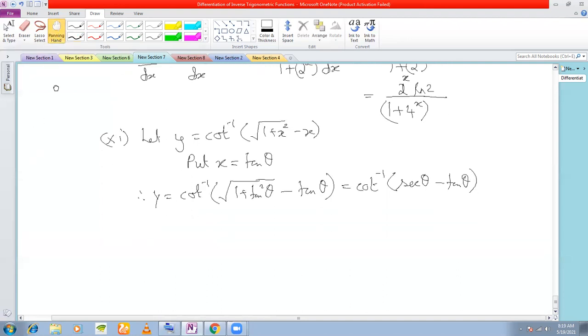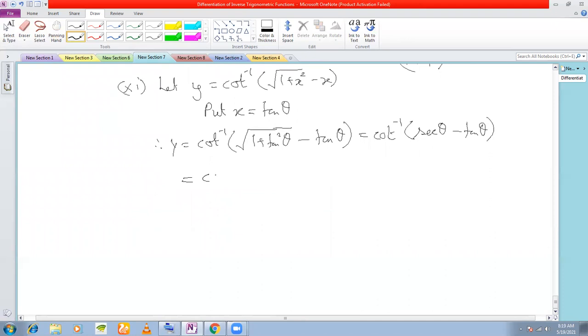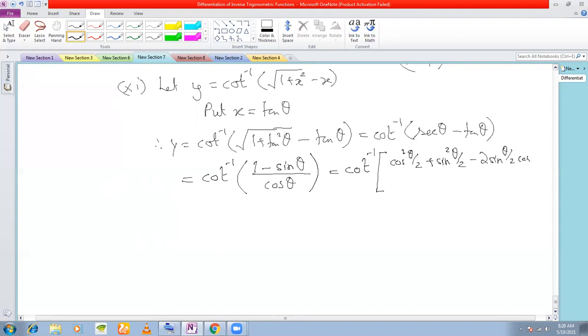Now we change everything in terms of sine and cos. Cot inverse of 1 minus sine theta by cos theta. Now 1 minus sine theta can be written as cos square theta by 2 plus sine square theta by 2 minus 2 sine theta by 2 cos theta by 2.